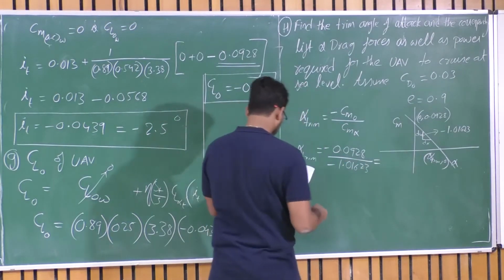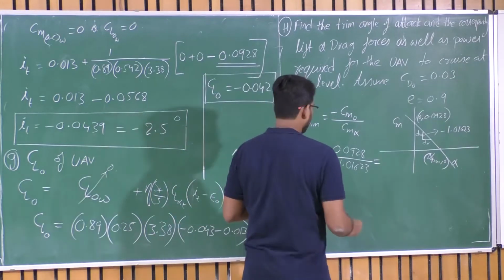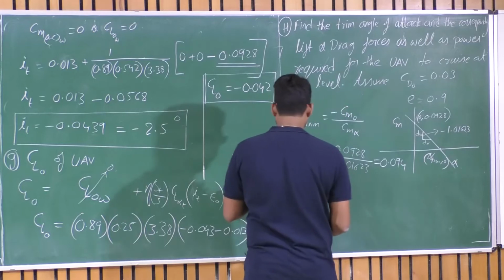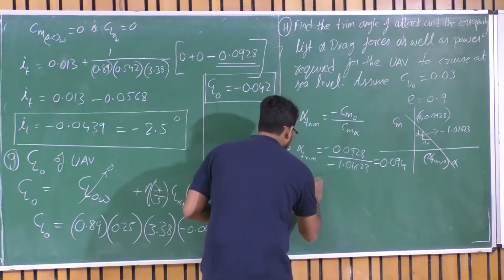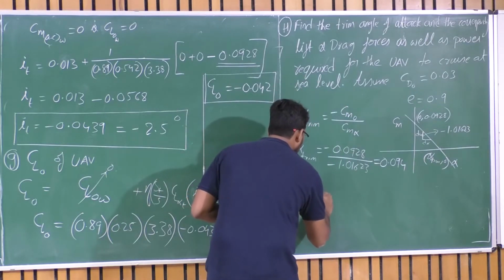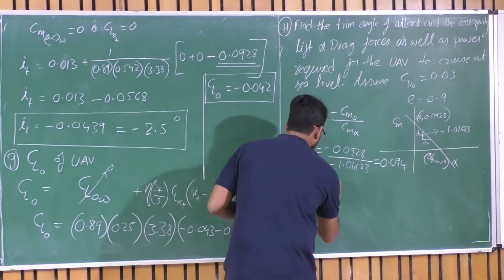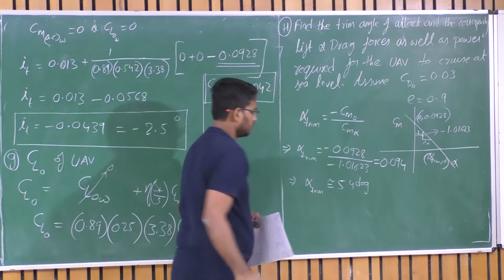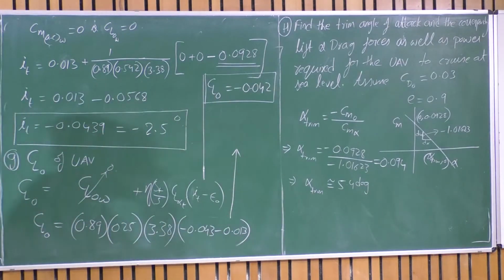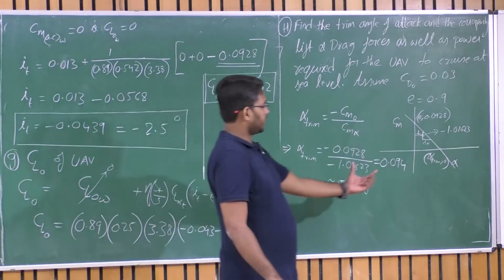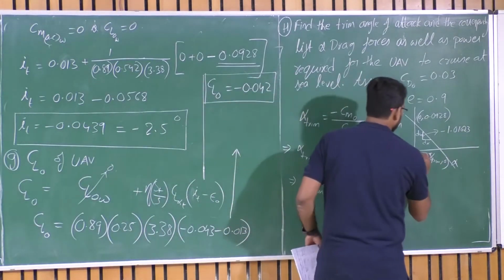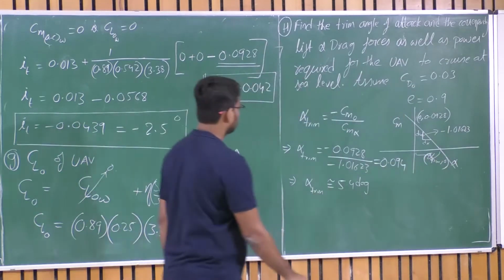This equals 0.094 radians. So alpha trim is approximately 5.4 degrees. So this is the trim angle of attack, 5.4 degrees. I was able to find that value.